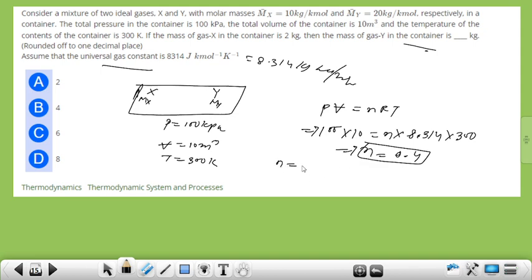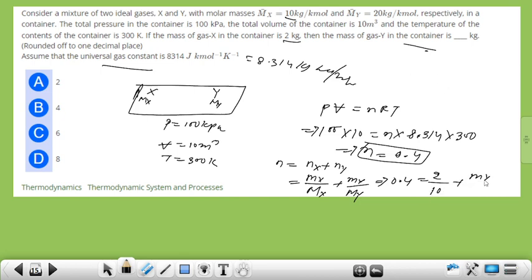So we know the number of moles is equal to the number of moles of gas X plus the number of moles of gas Y. So the number of moles is mass of the gas divided by molecular weight of gas X plus mass of Y divided by molecular weight of Y. So total moles n is equal to 0.4, and mass of gas X given is 2 kg divided by molecular weight of X, which is 10 kg per kilomole.